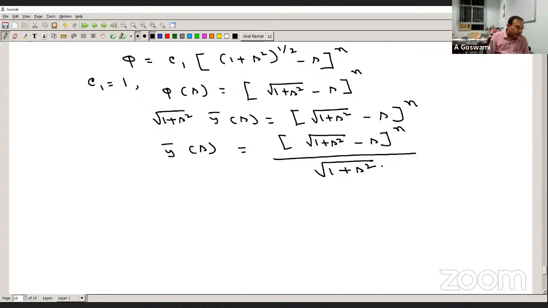You see, you have to find out y(t) effectively. Now, we are assuming that Jn(t) is the solution of the nth order Bessel equation.